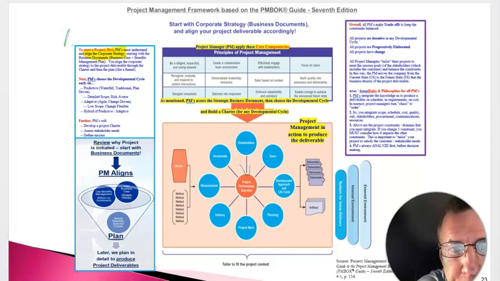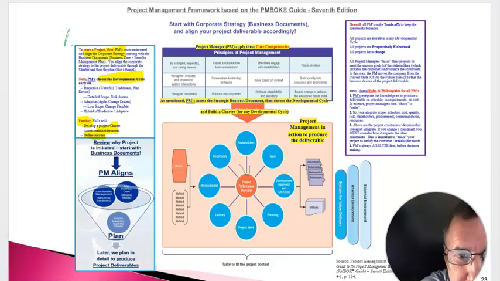And so to do that, you want to choose the developmental cycle. Take the business documents and pick your developmental cycle. Further, then, project managers will build a charter, assess stakeholder needs, and frankly define success.